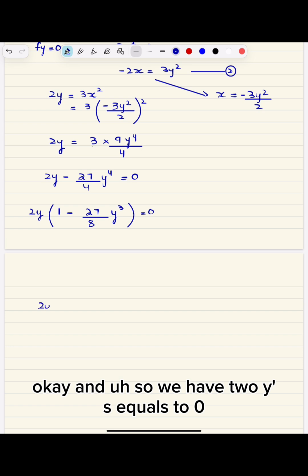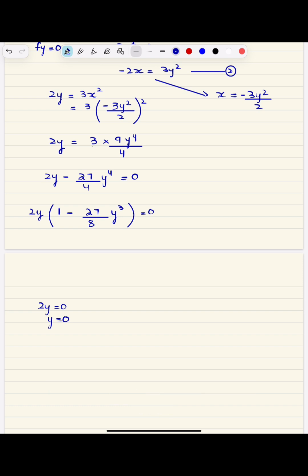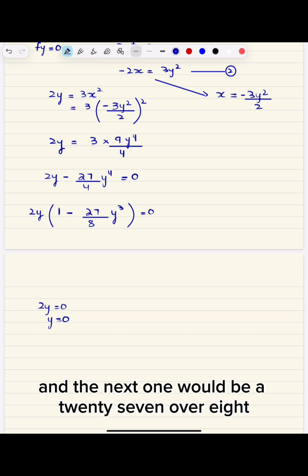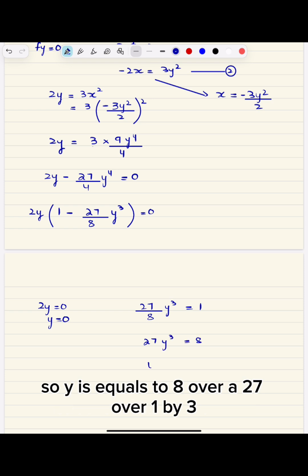So we have 2y equals 0. One possible value is 0, and the next one would be 27 over 8 y cube equals 1, so 27 y cube equals 8. So y equals 8 over 27, to the power 1 by 3.